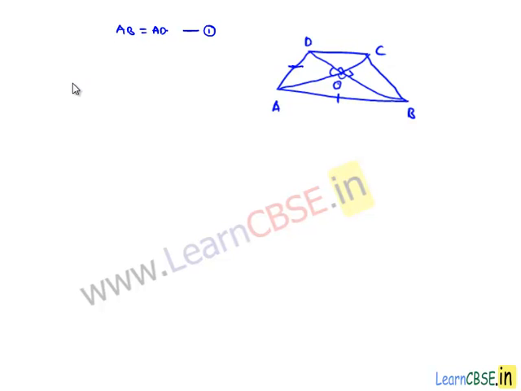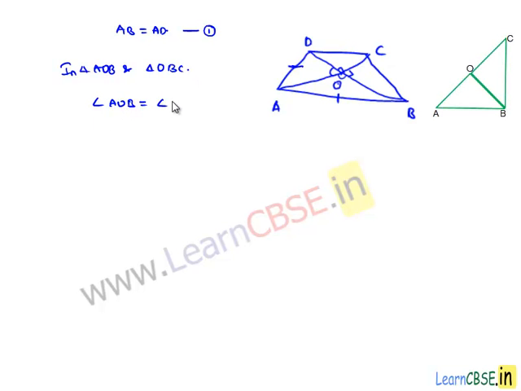Now let us consider the two triangles, that is, triangle AOB and triangle OBC. Angle AOB is equal to angle BOC, which is equal to 90 degrees, as it is given that AC and BD bisect each other perpendicularly, and OA will be equal to OC as BD is bisecting AC, and for both the triangles OB is the common side.